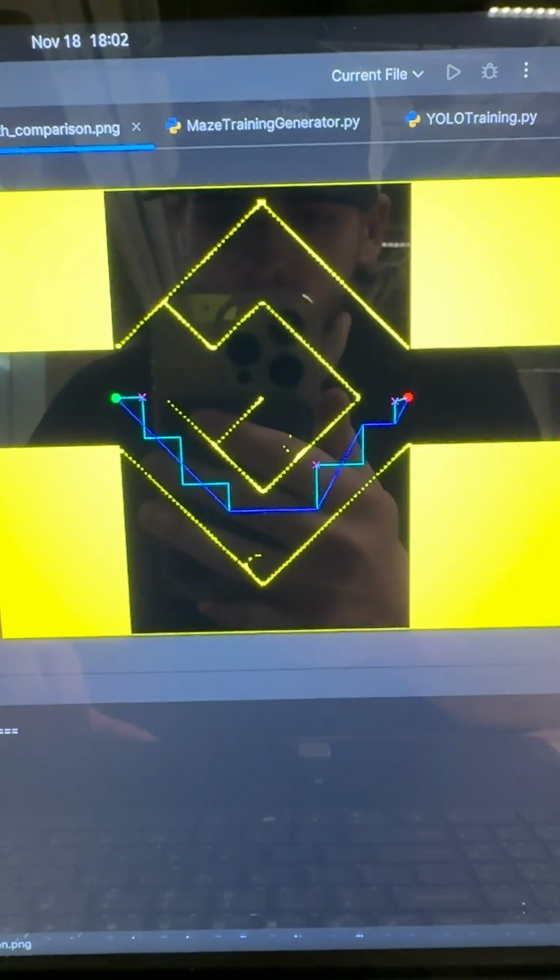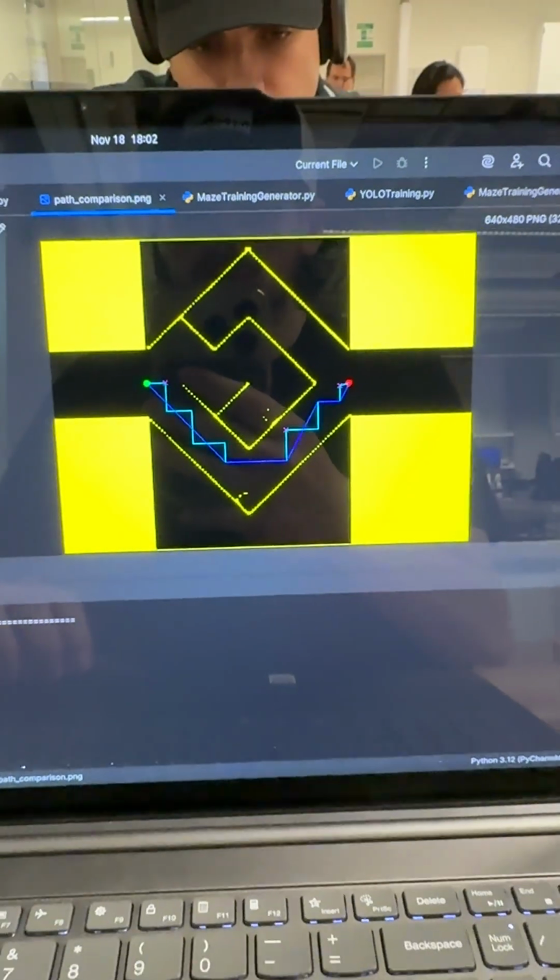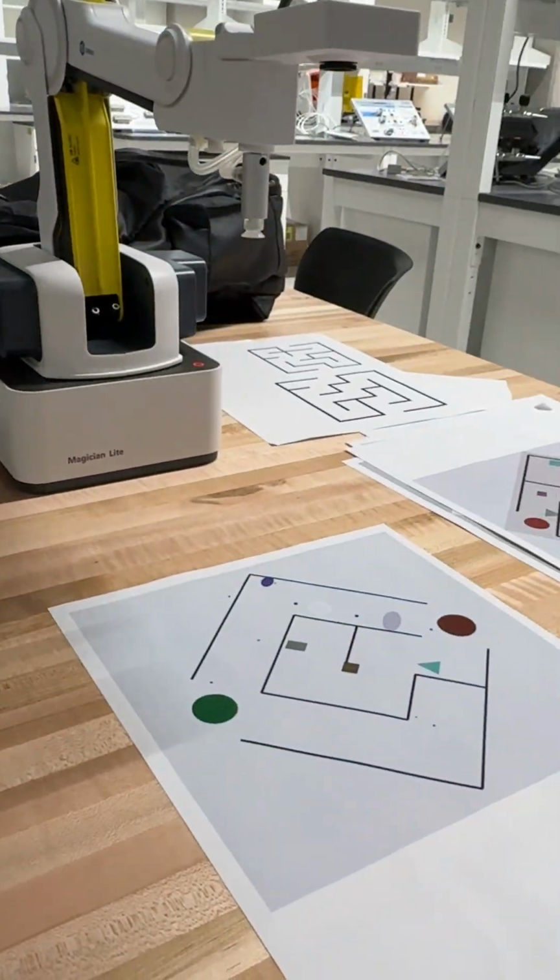Right here, the light blue is what it was, the dark blue is what the LLM reduced it to be. It was going to zigzag much more along those straight paths, and instead it only zigzags about two times at the very end, which is a really strong reduction in my opinion. It makes it a lot more straight than previously.